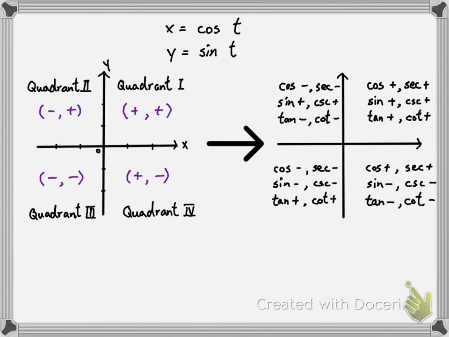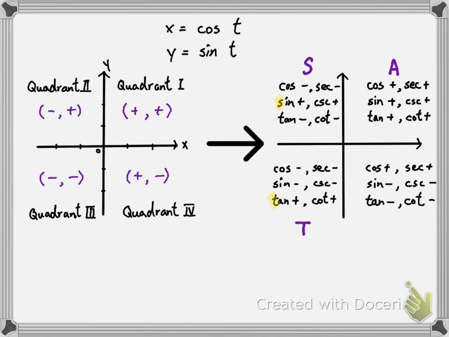The quick way to make a conclusion of what we have: we see that in the first quadrant, all the functions are positive. In the second quadrant, sine and its reciprocal function are positive. In the third quadrant, tangent and its reciprocal function are positive.